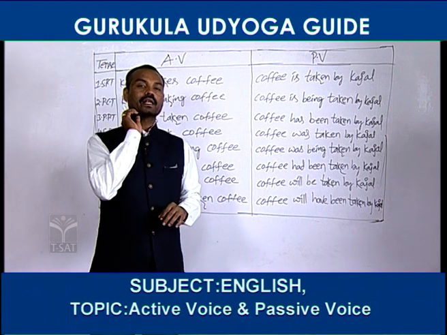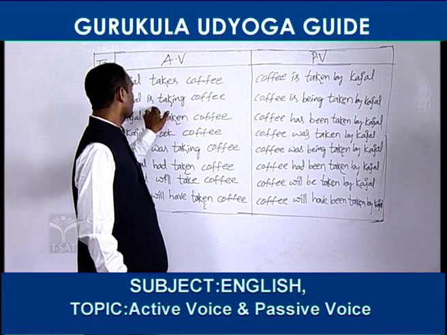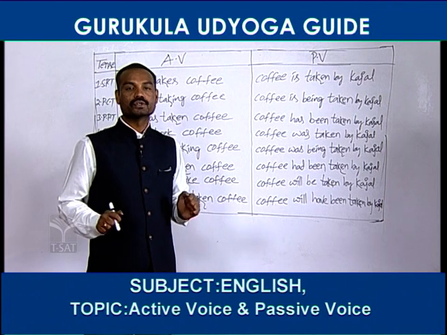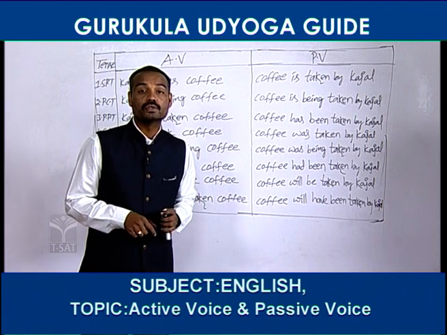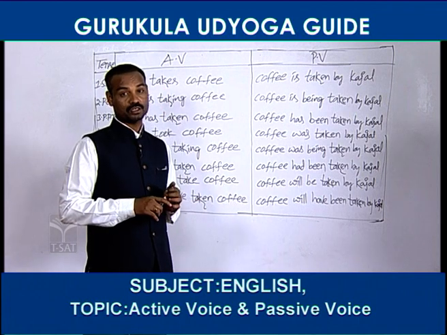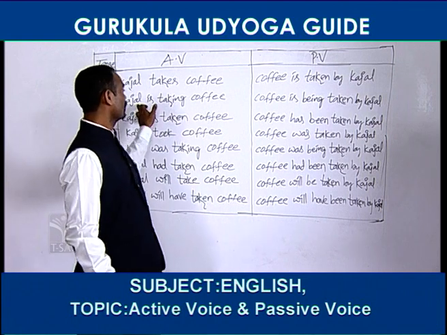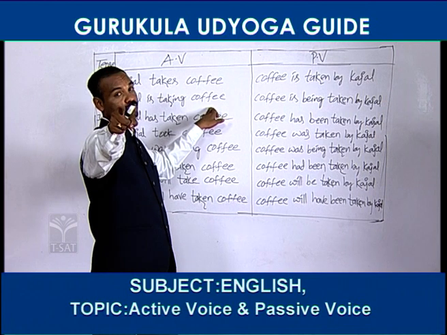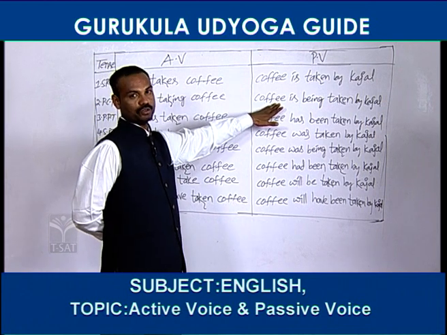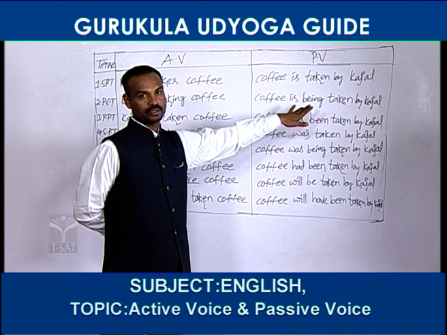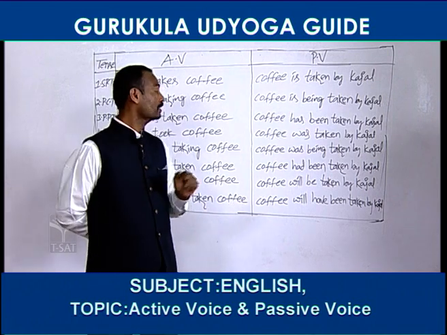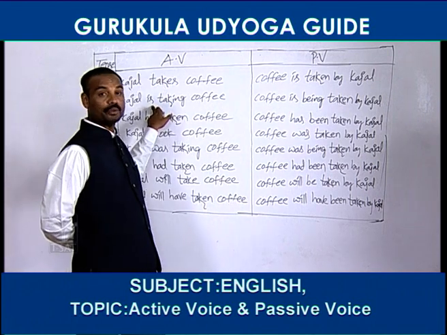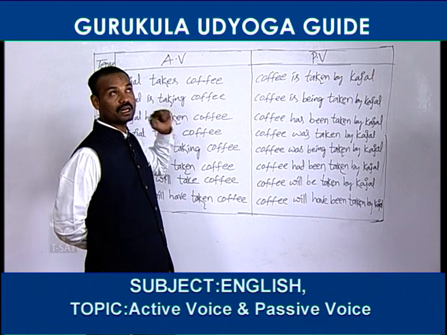I am going to give you another example. Kajal is eating fruits. Fruits is a plural object. Now let's imagine that I have written Kajal is eating fruits. Object: fruits. Next, the helping verb should be taken. What I have told you, helping verbs are sometimes given in the active voice. Kajal is eating.